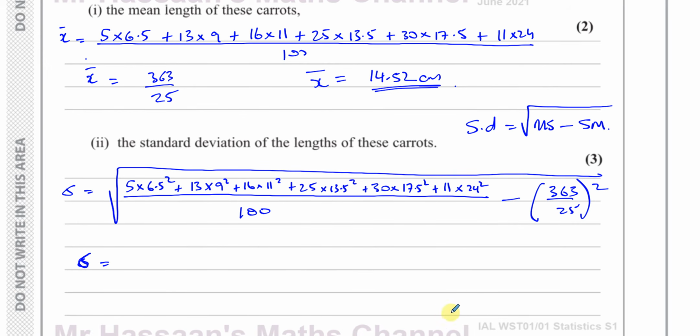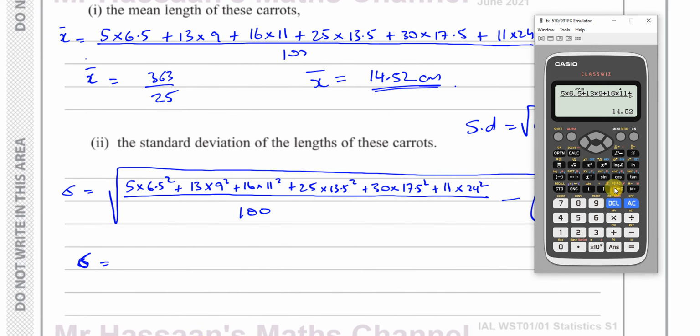So I've got to set this up in my calculator. Let's see if I can use what I've already got here. I think I can use what I've already typed in. I just have to go back and change this 6.5 and make it squared.